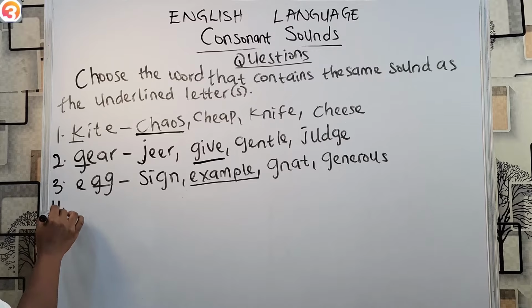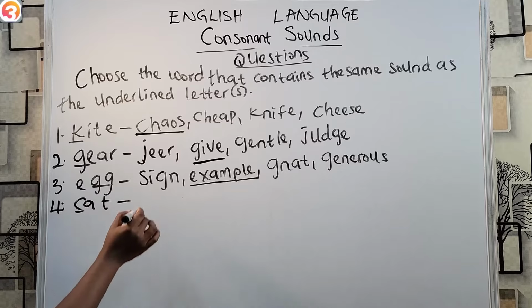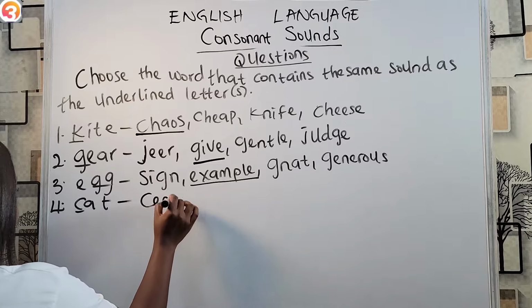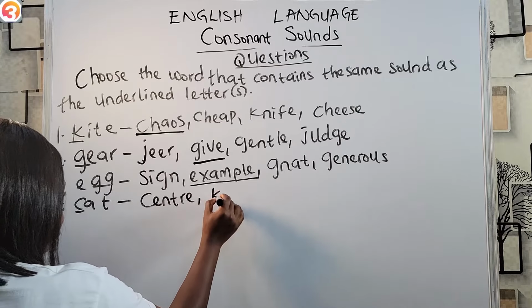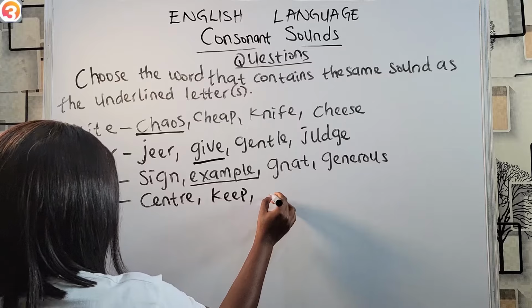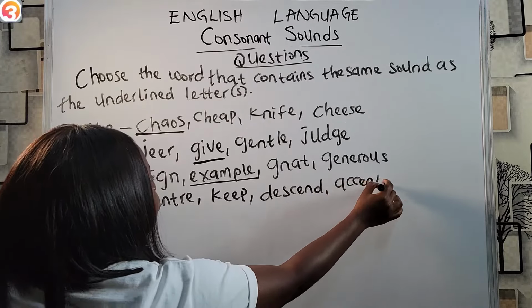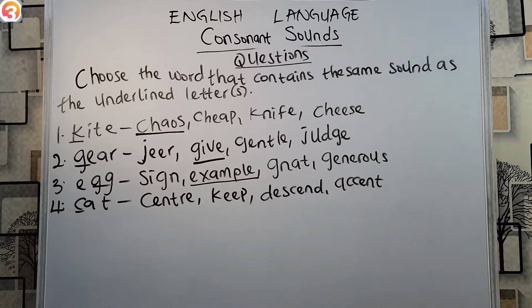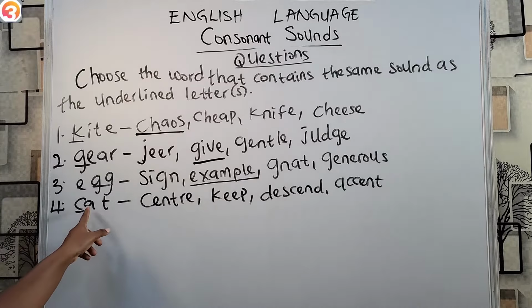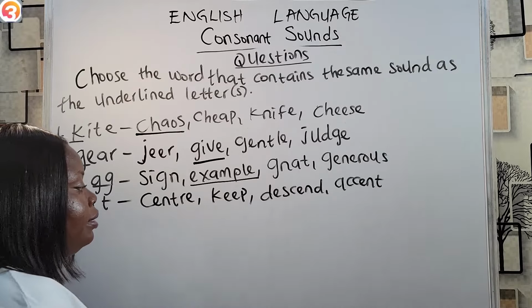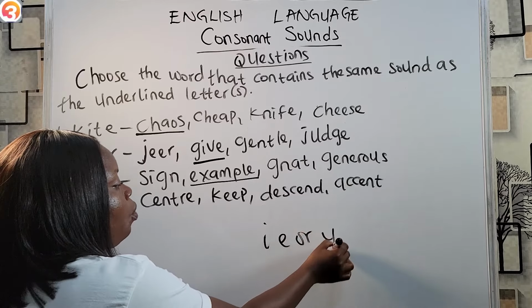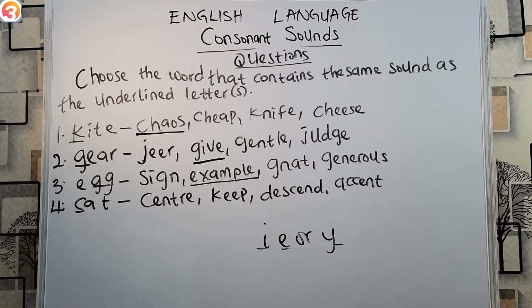We could have one more. Here we have cat with C underlined. C here carries the K sound. It is coming before A, not I, E, or Y. So it contains the K sound. So we look at the options for a word that also contains the K sound.